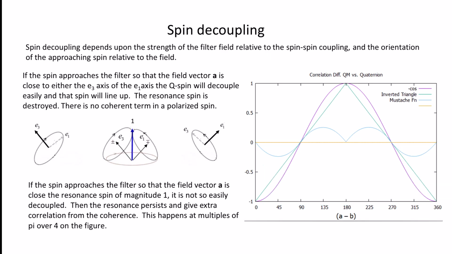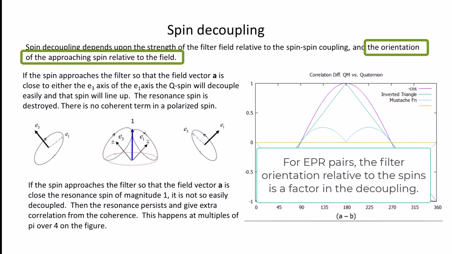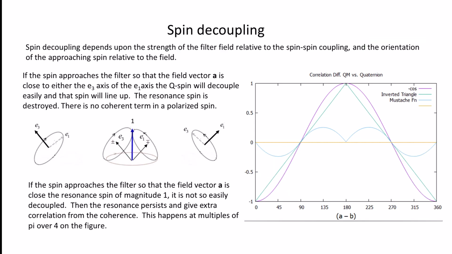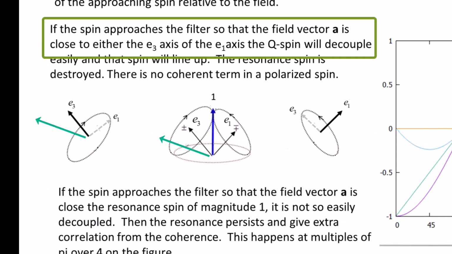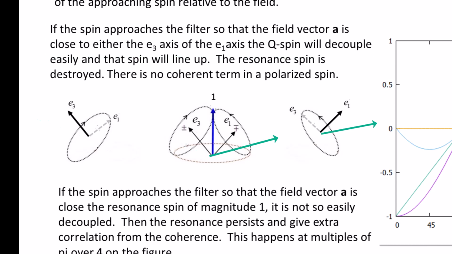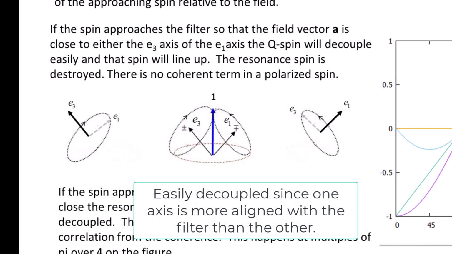In the EPR case, the coupling also depends upon the orientation of the approaching spin relative to the field. If the spin approaches the filter so that the field vector A is close to either the E3 axis or the E1 axis of the Q spin, it will decouple easily, and that spin will line up with the field.